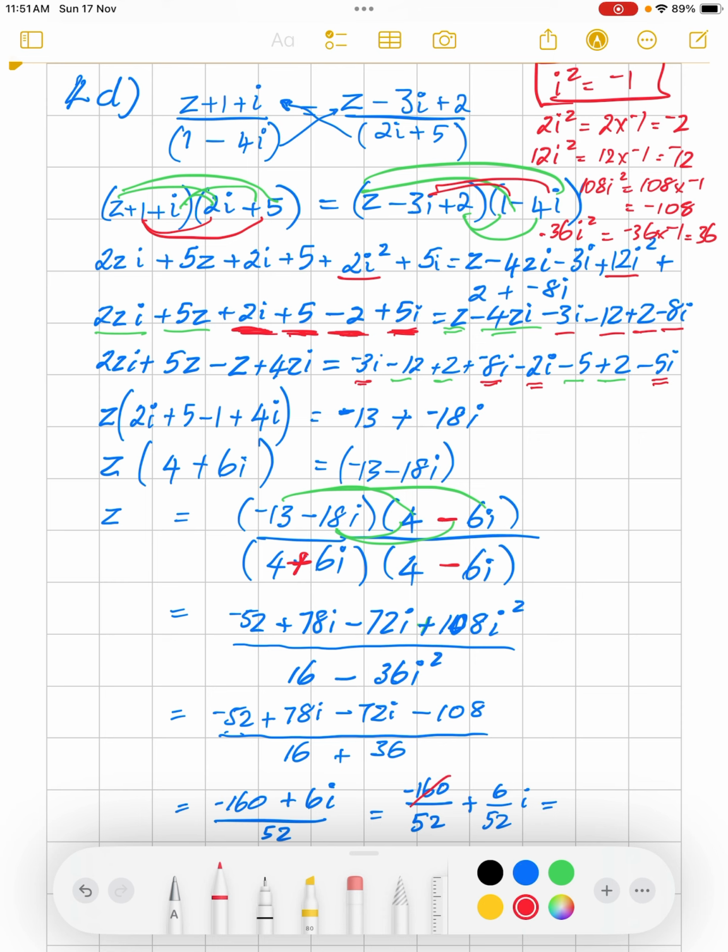Cancelling 4 out of the first fraction, we've got negative 40 over 13. Cancelling 2 from the second, 2 3s are 6, 2 26s are 52, so we've got 3 over 26i.